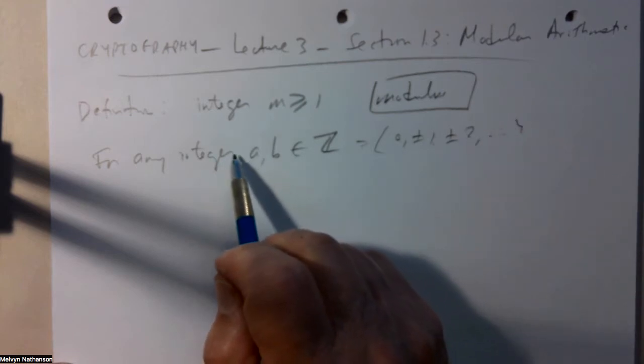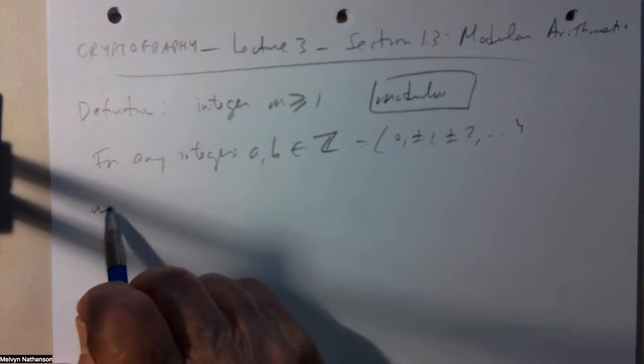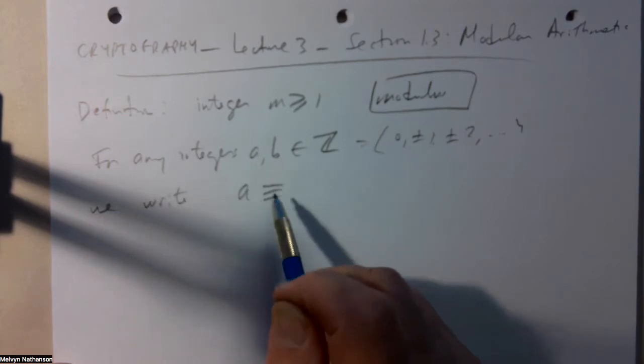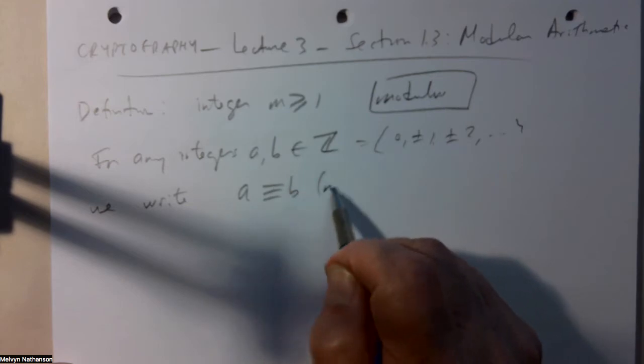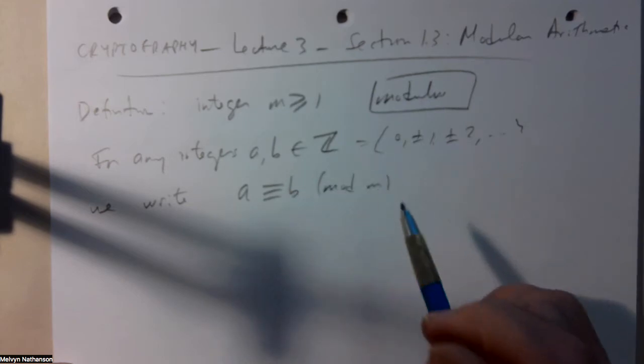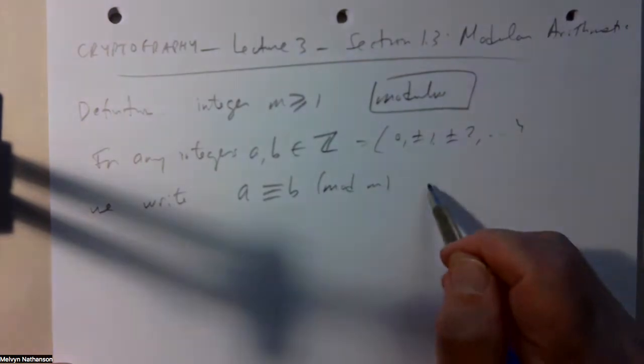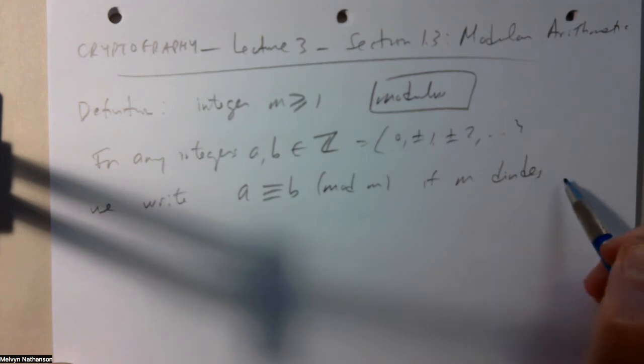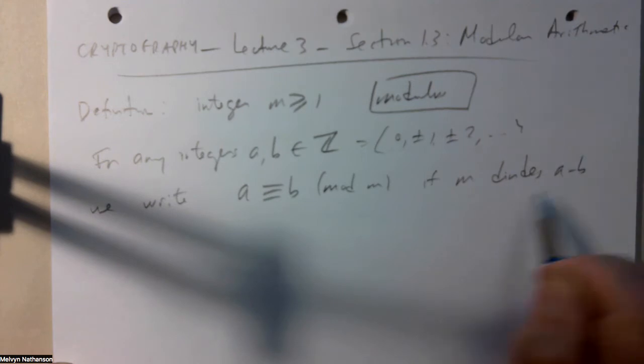For any integers a and b, we write a ≡ b mod m if m divides the difference a minus b.